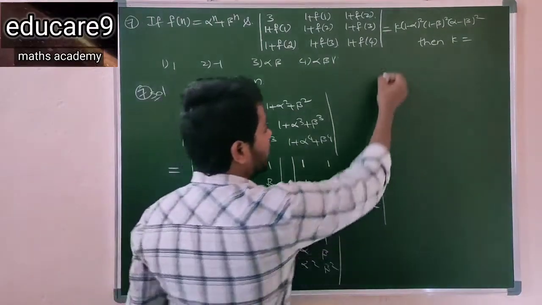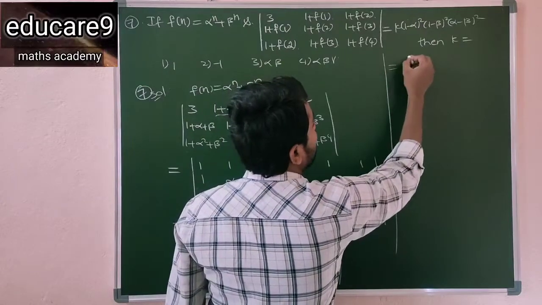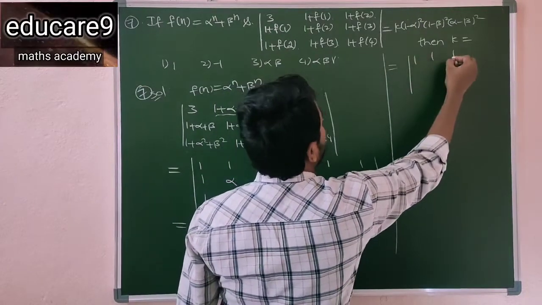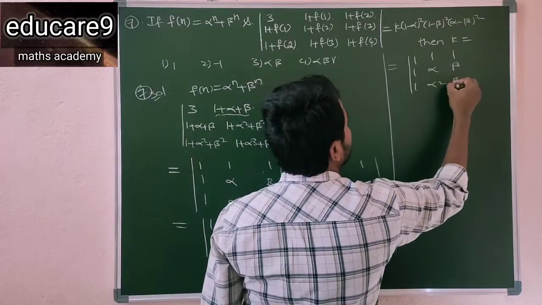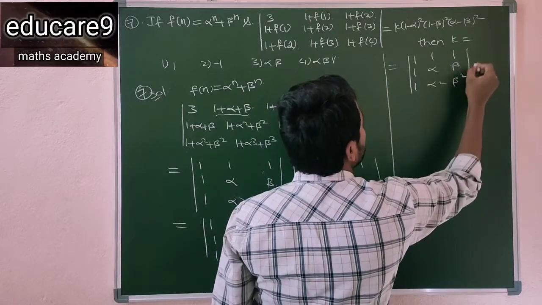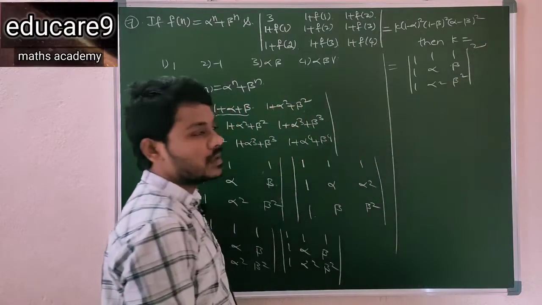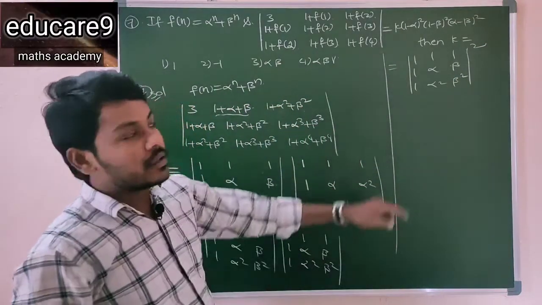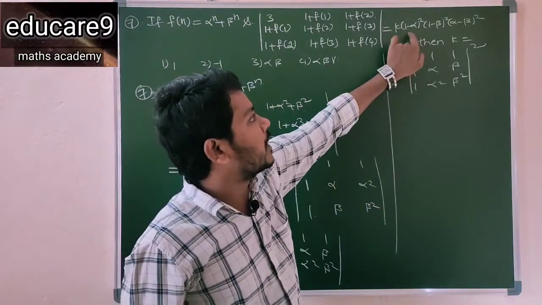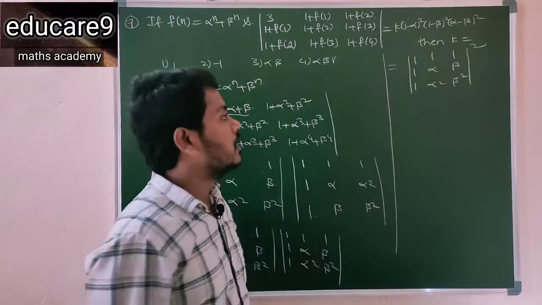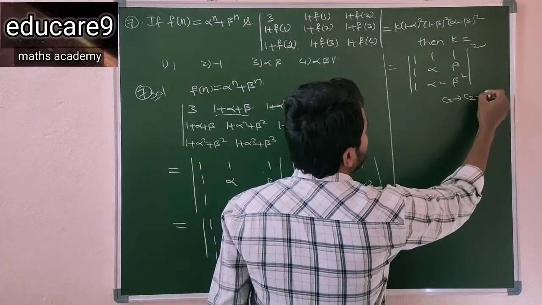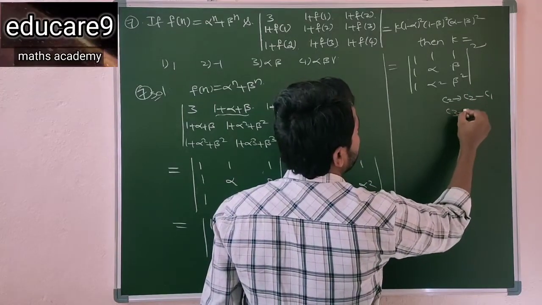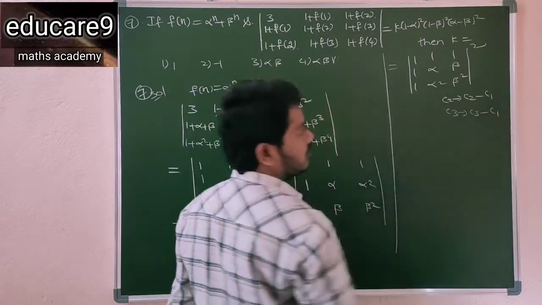Now see clearly this is what: the determinant with rows 1 1 1, 1 alpha beta, 1 alpha square beta square, whole square. Here the RHS value is 1 minus alpha, 1 minus beta. So for that, C2 implies C2 minus C1 and C3 implies C3 minus C1.